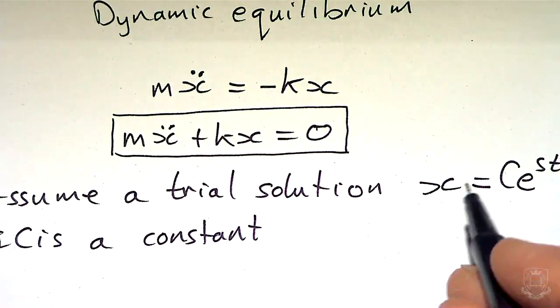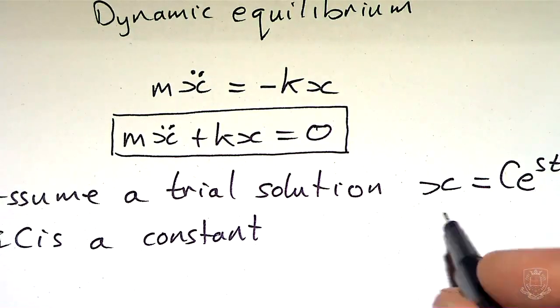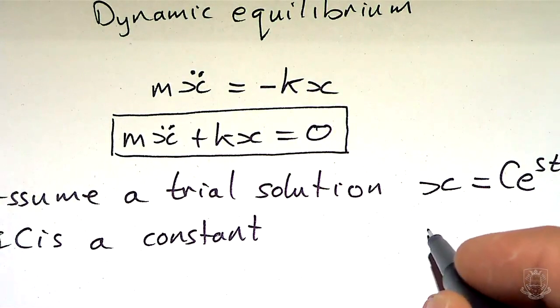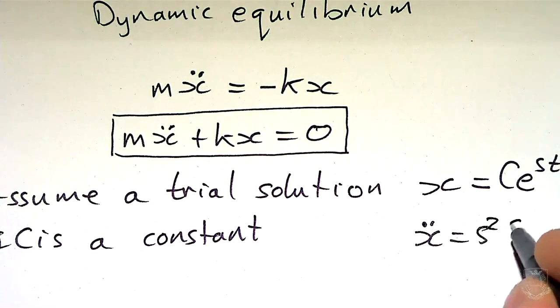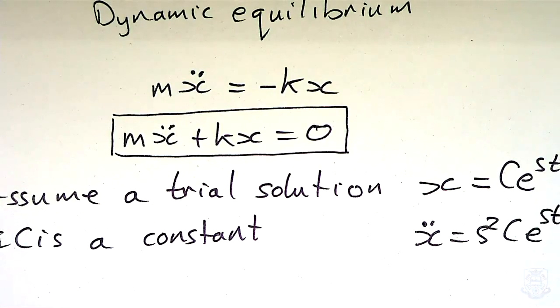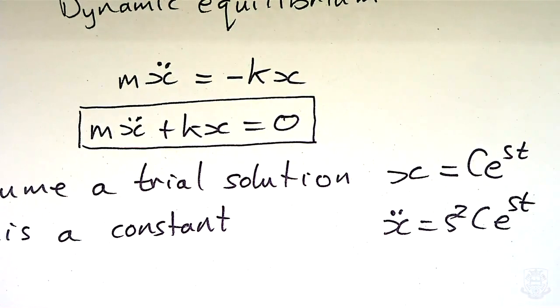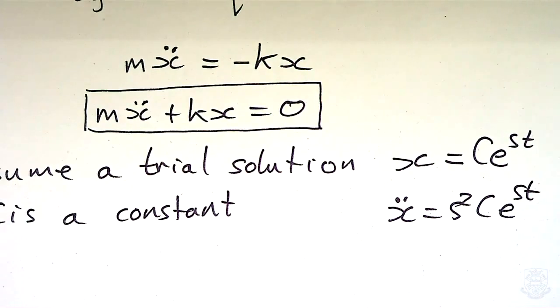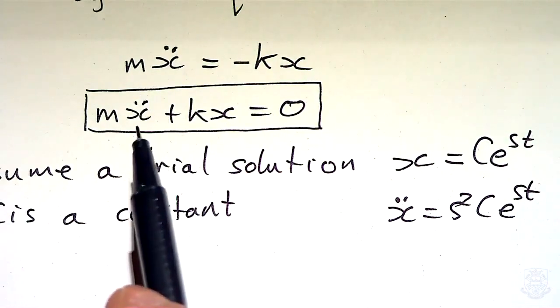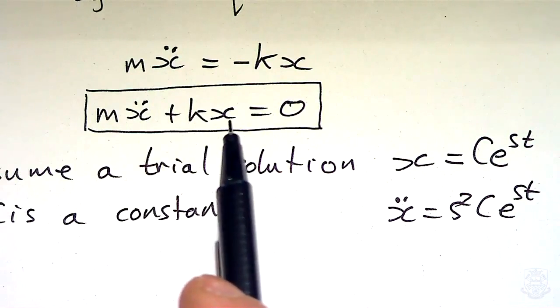So if we have x equal to this, then x double dot is equal to s squared c e to the s t, isn't it? If we just differentiate the exponential function with respect to time twice, we get an s squared at the front. So then we can make the substitution in this equation. We can substitute for x double dot and for x, and see where that leads us.